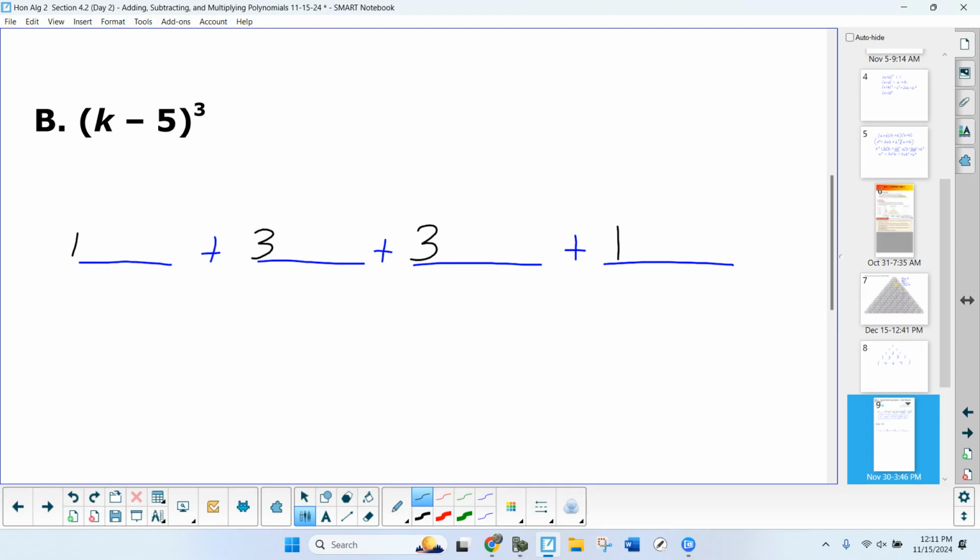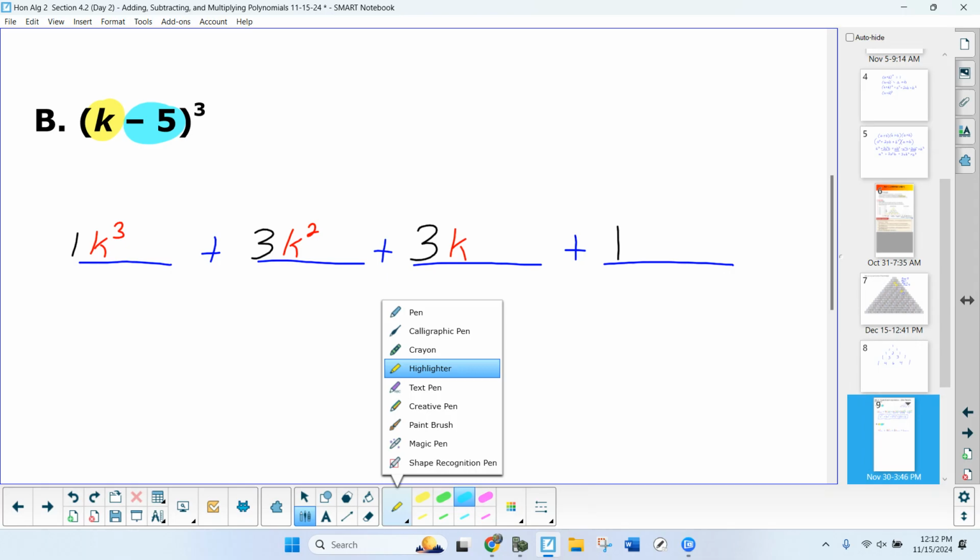Okay. Now, what's your A? So what's your first term? K. So we're going to say, okay, this first one, how many K's do I have? Then you have K. Then you have, and then none. Now, we have to be careful this second time because I don't just have 5, I have -5.